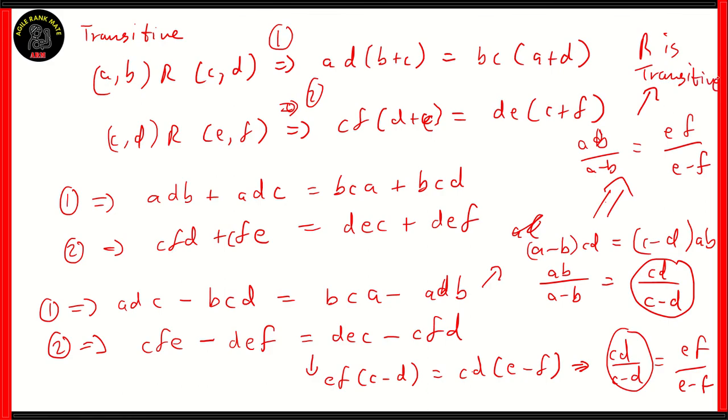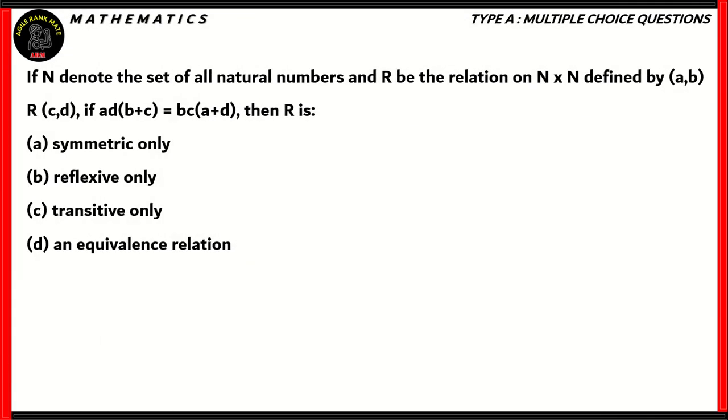So we know that R is symmetric, reflexive, and transitive, so therefore R is now an equivalence relation. We didn't have to do the transitive bit because if it's symmetric and reflexive, then the other three options turn out to be incorrect. So option D, R is an equivalence relation, turns out to be the right option.